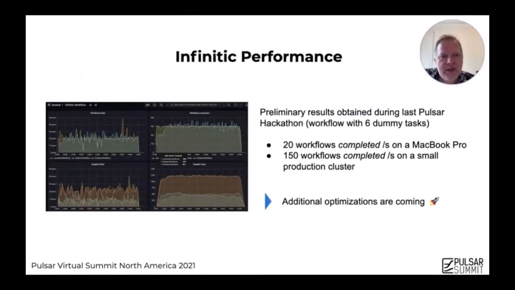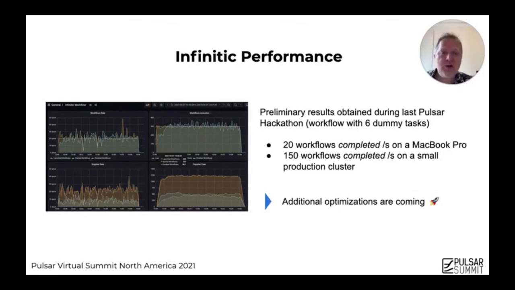Regarding Infinitic, at the last Pulsar hackathon we did the first analysis of the performance. The first test was a workflow with 6 dummy tasks, and on a single MacBook Pro where everything was installed, including the worker and Pulsar, we reached 20 workflows completed per second.